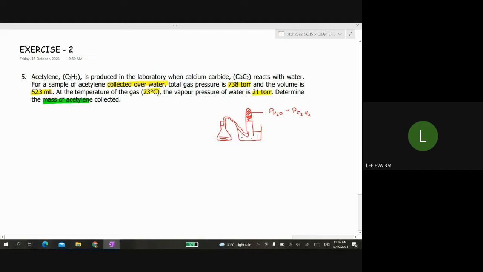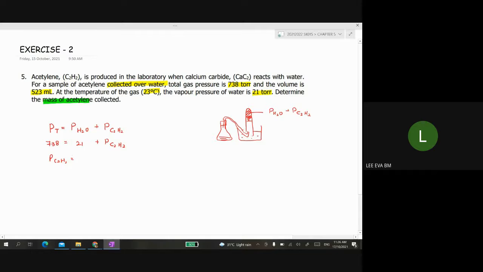Okay, so applying your Dalton's law, the total pressure equals the partial pressure of the vapor plus the partial pressure of the acetylene. So try to find the partial pressure of the acetylene over here. 738 is for the total. For water, we have 21. So in this case, what is the partial pressure of our acetylene?